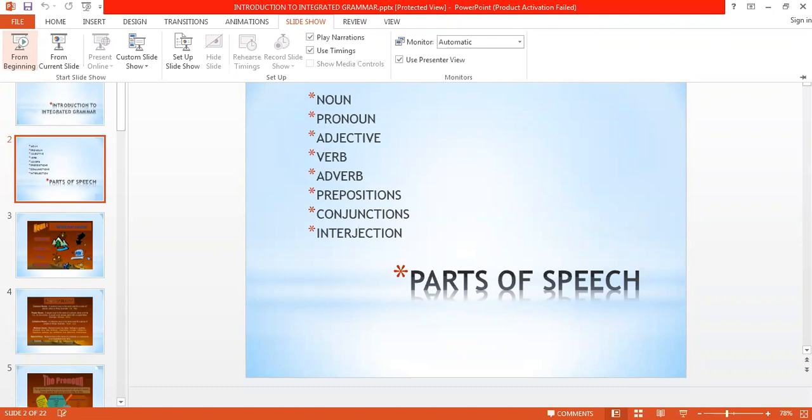Common nouns are the common words given to any category, any general person, or the names of places or things. Like we are human beings, so human is the common noun. It can be any living being, any human being. But if we give a particular name to a particular human being, it becomes the proper noun for that person.